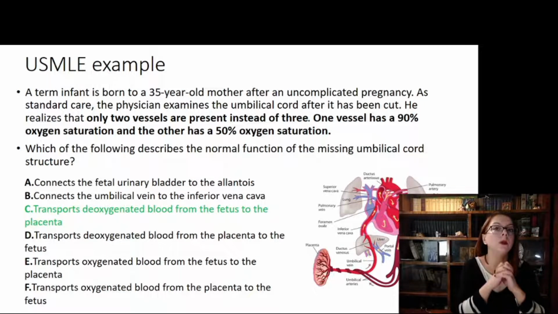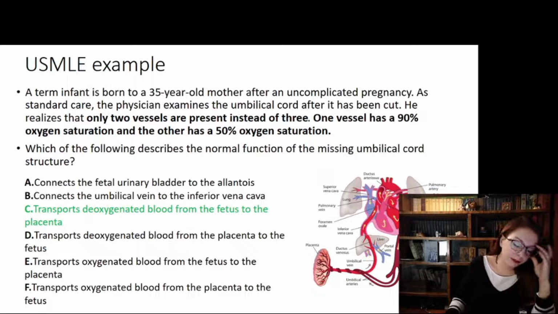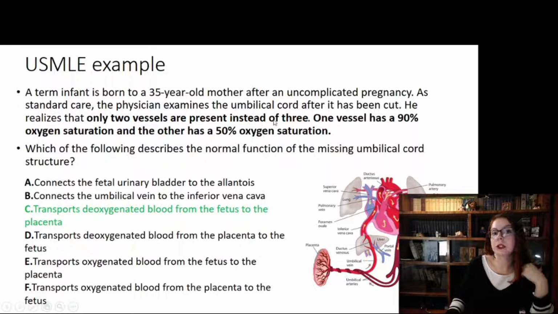Here is an example of an MCQ from the USMLE database. The question is, just after the delivery, the umbilical cord is analyzed, and it was revealed that only 2 vessels are present instead of 3. One vessel contains 90% oxygenated blood.